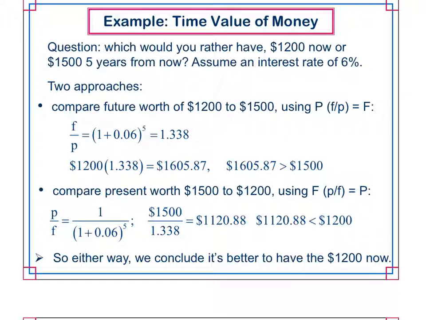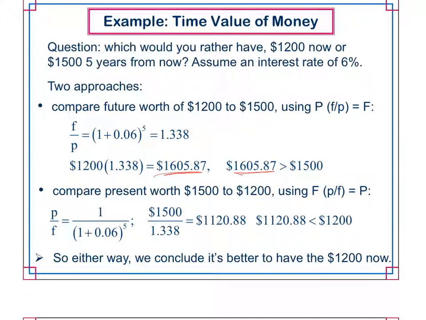So over here, by moving my present value to the future, it's $1,600. $1,600 is greater than $1,500, so that means I'm better off to have $1,200 today than the $1,500 in 5 years. Let's compare it the other way.